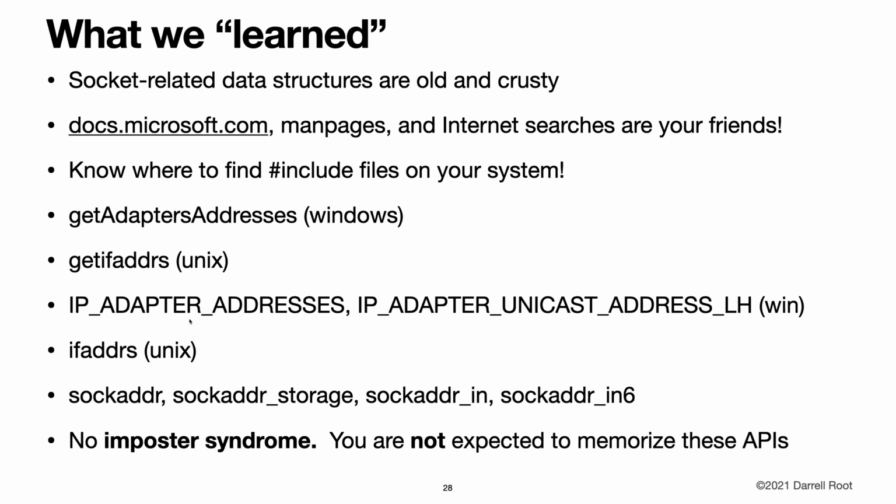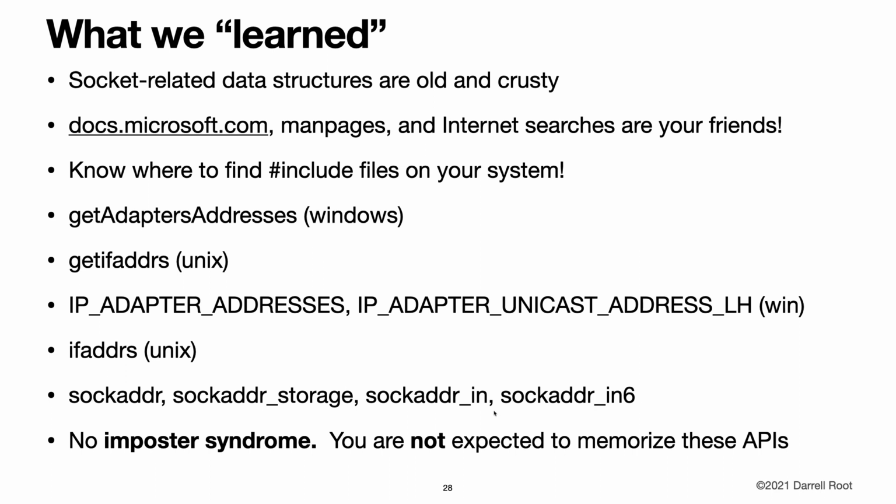We reviewed our data structures, particularly our Windows data structures and our Unix data structures. We reviewed the different types of sockaddr and how you allocate a sockaddr_storage, which is a large 128 bytes, and then you can cast it to whether you need an IPv4 or an IPv6 sockaddr.